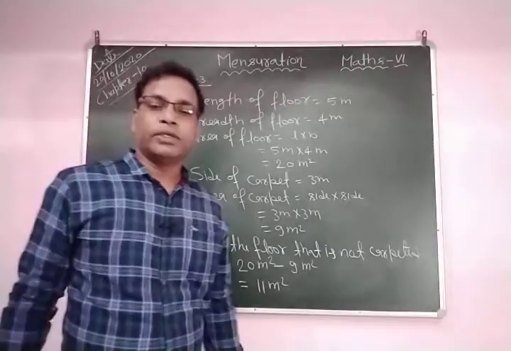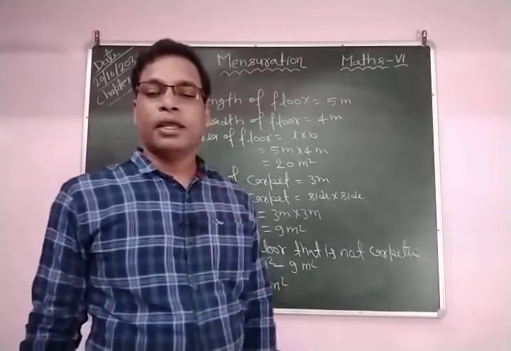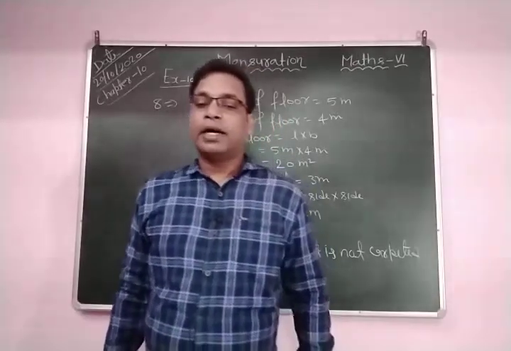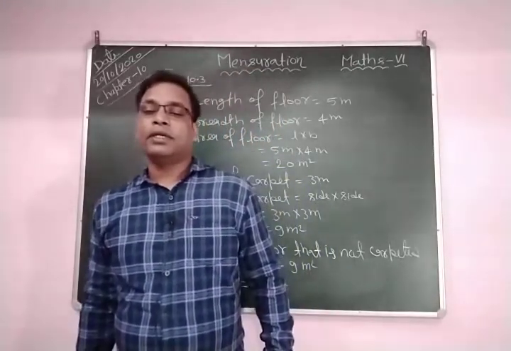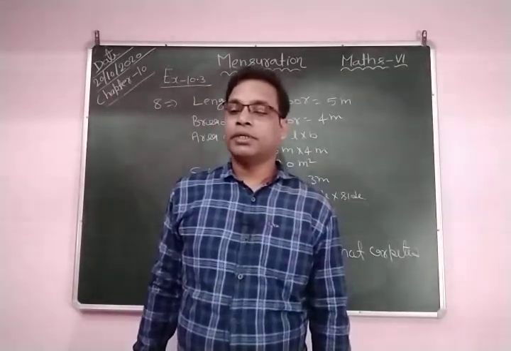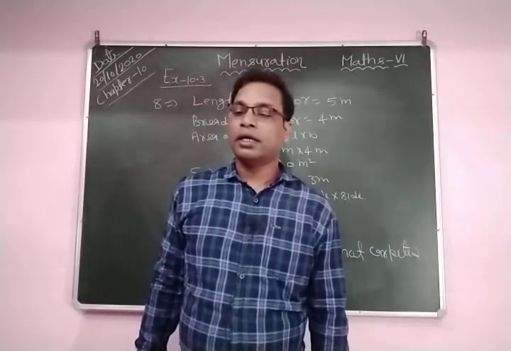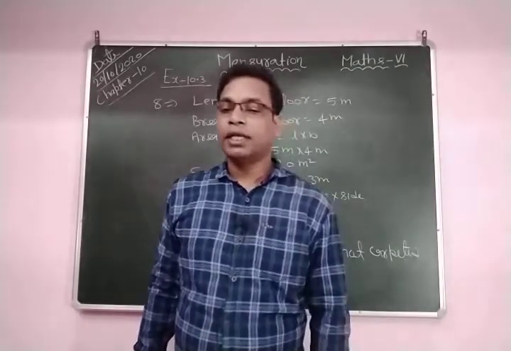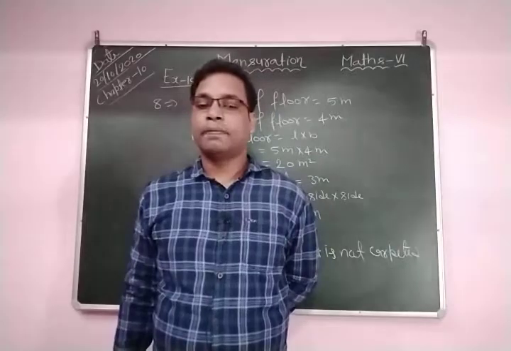Now we are going to discuss the next question, question number 9. In question number 9, it is given that 5 square flower beds, each of side 1 meter, are dug on a piece of land 5 meter long and 4 meter wide. What is the area of the remaining part of the land?